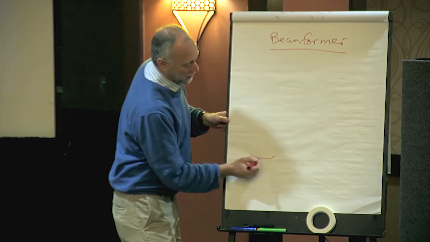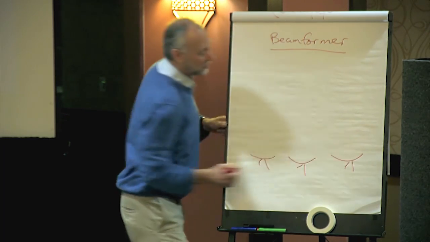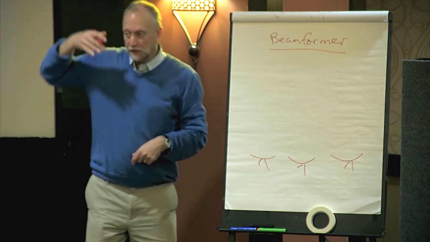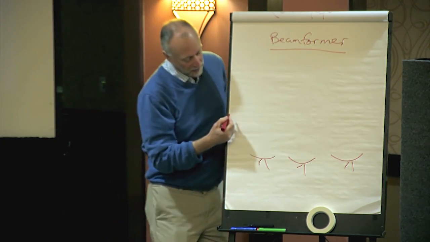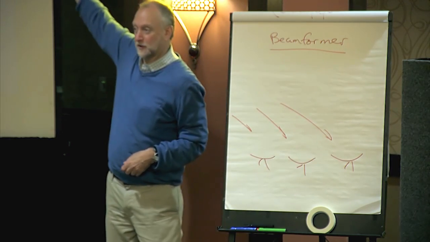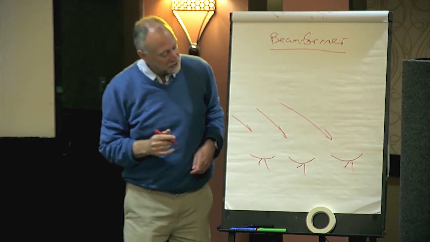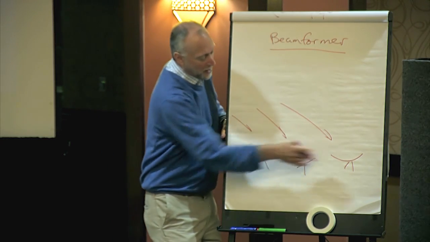Let's have 3 dishes here. If the radio waves are coming from a star this way, say coming down from a star off in this direction, what I have to do is take these 3 signals and add them up.